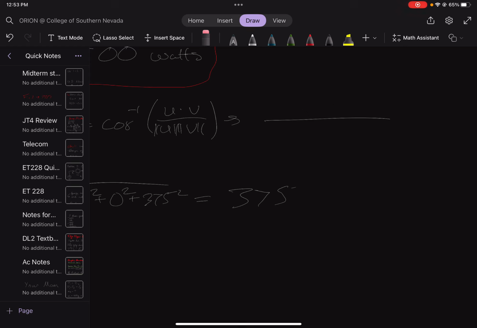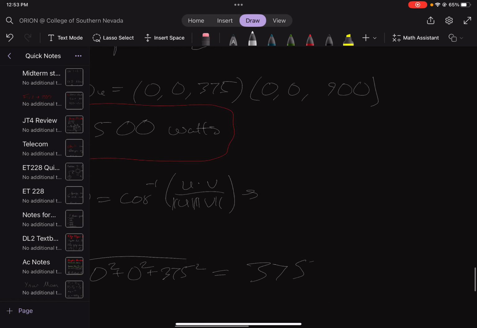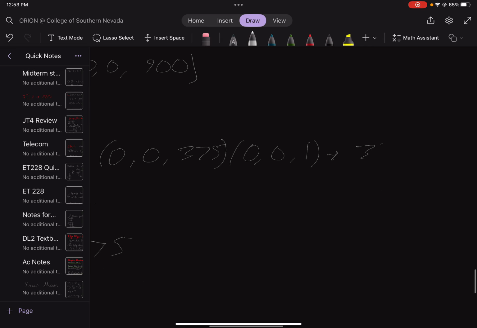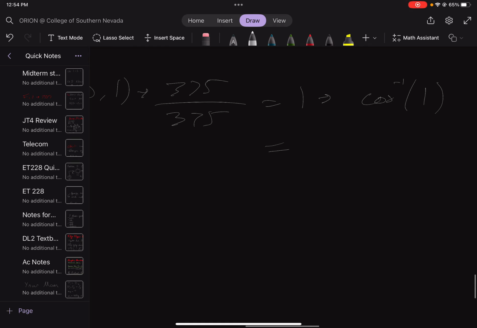And I'll show you that here real quick. When we dot product these two, we just get 375. And we have 375 in the denominator. So that equals 1. And the cosine inverse of 1 equals 0 degrees.